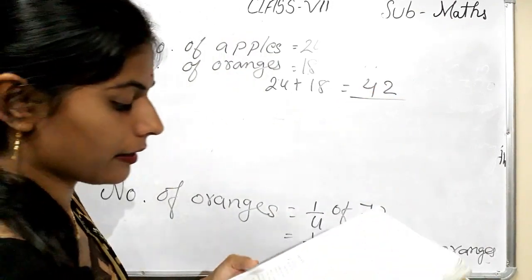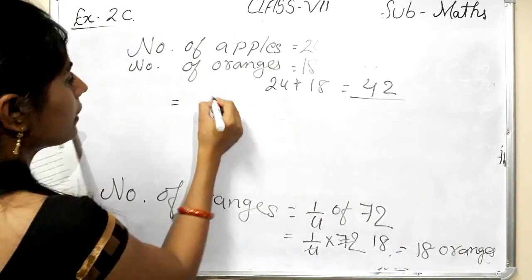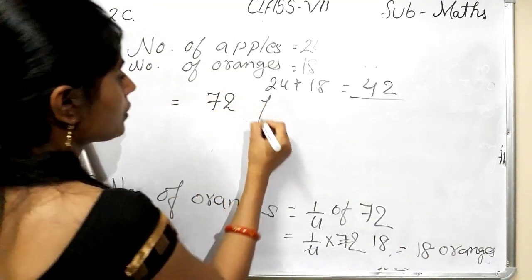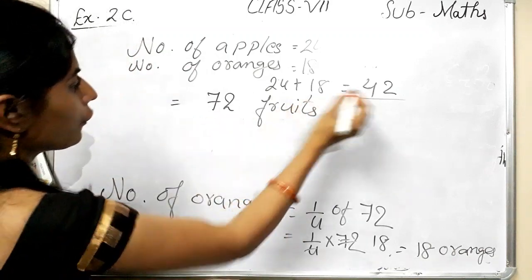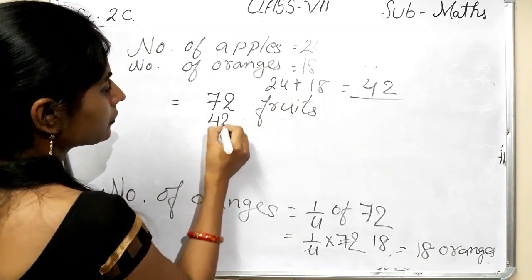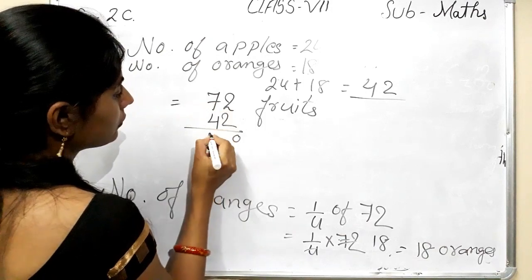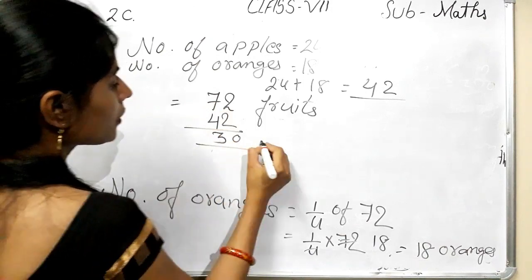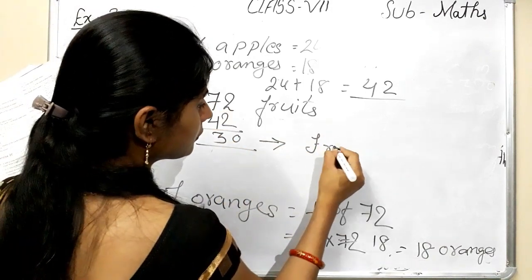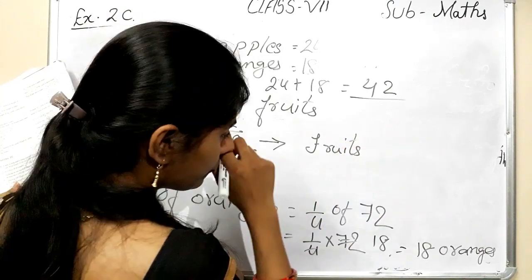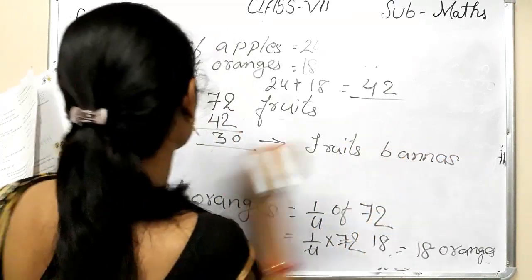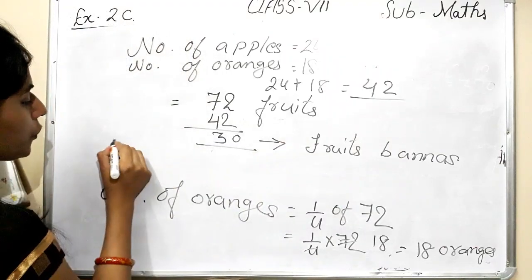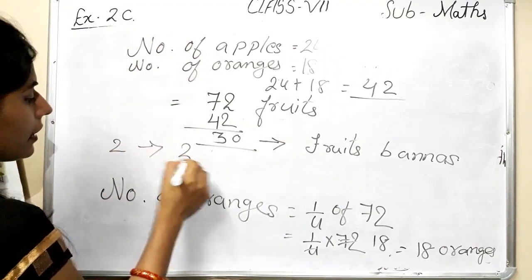Now see, how many dozens? 6 dozens are there. Then in 6 dozens we found 72 fruits. Total fruits are 72. Now subtract 42 from 72. 30 fruits are remaining. So these 30 fruits are bananas. Remaining fruits are bananas. See how many dozens it becomes: 2 dozen is 24.